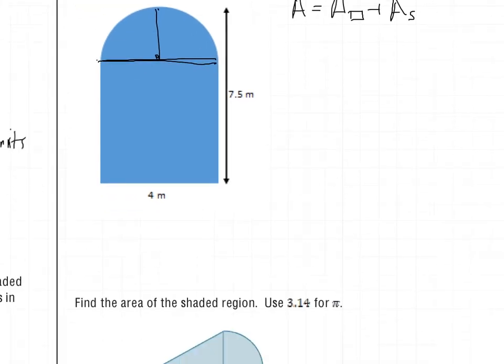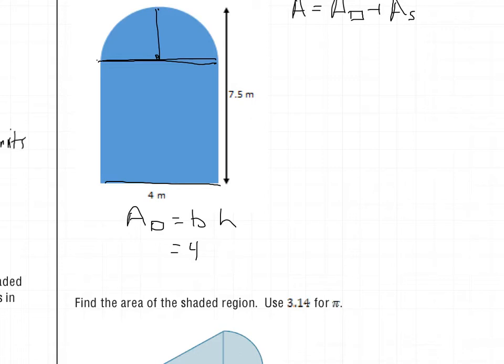To continue from here, now we need to find the area of the rectangle and the area of the semicircle. So the area of our rectangle is going to be equal to base times height. It's obvious to me when I look at my rectangle that the base is 4, but the height is unknown. The 7.5 goes all the way to the top. So I'm going to have to figure out some other way to do that.